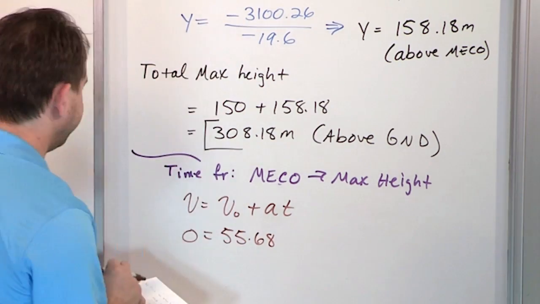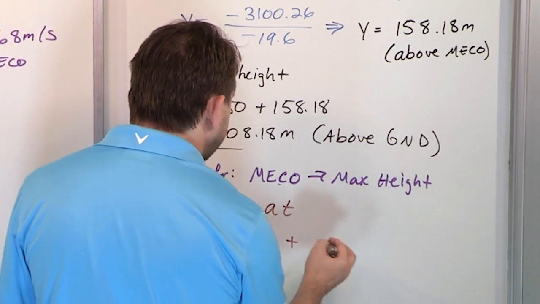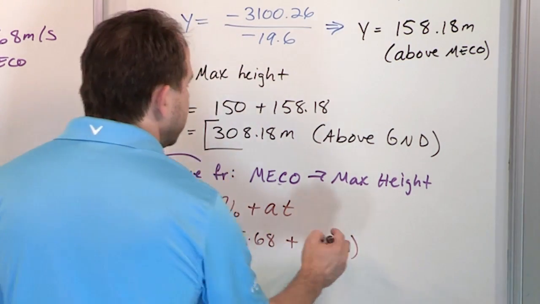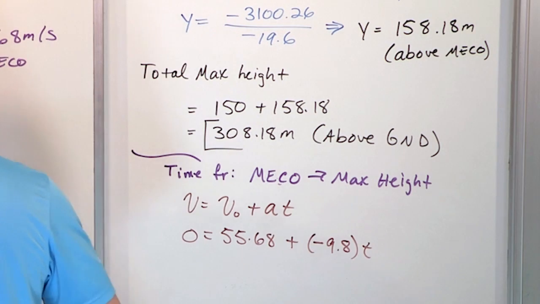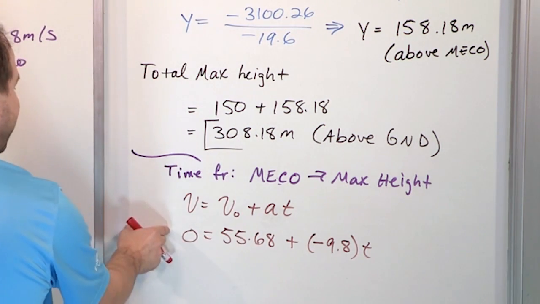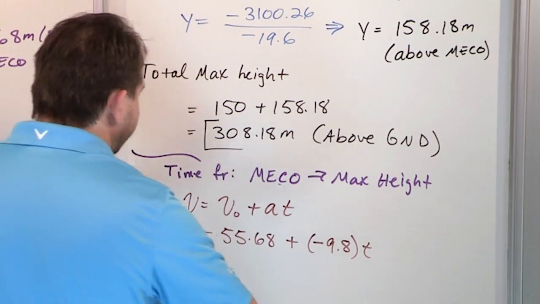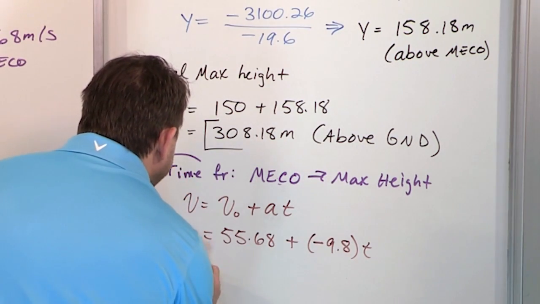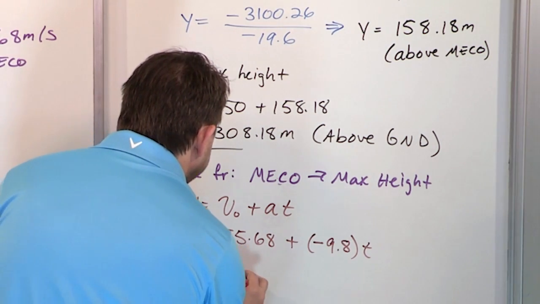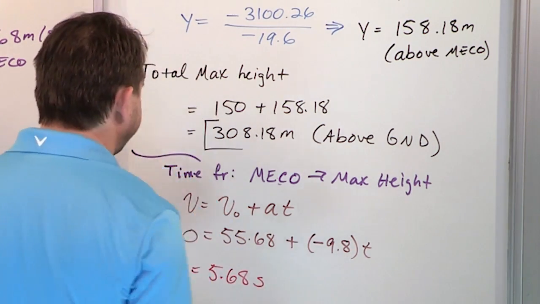The acceleration after cutoff is just due to gravity, 9.8, acting down, times time. So I trust that you all by now know that you can just move this over, it'll make it negative, and then you divide by a negative, so the answer you're going to get for time will be positive, and it'll be 5.68. And the answer is going to be in seconds because you have meters per second everywhere.